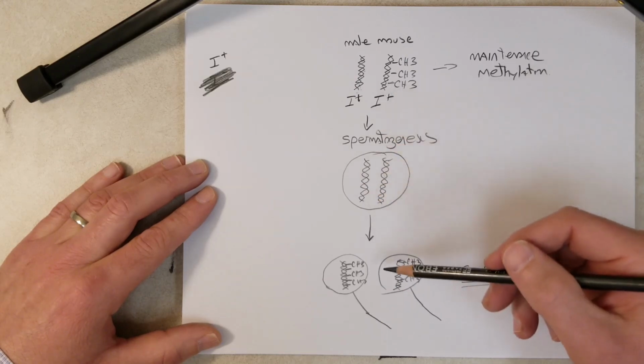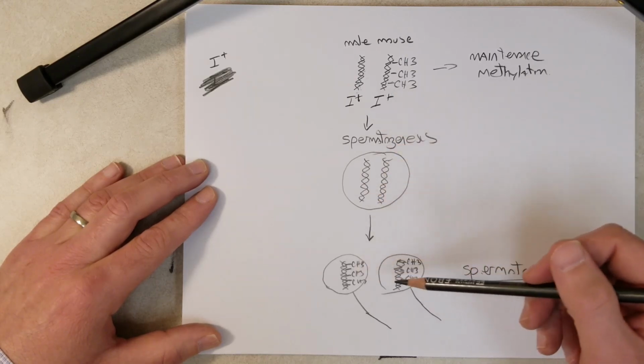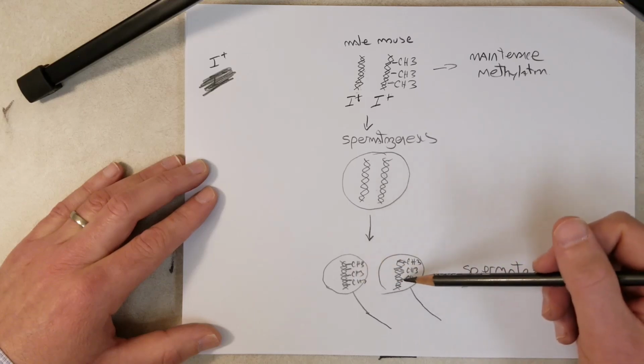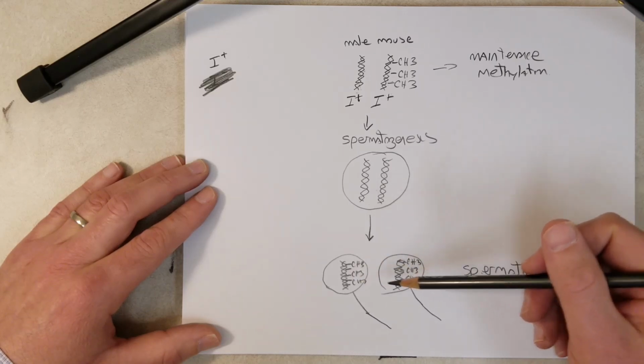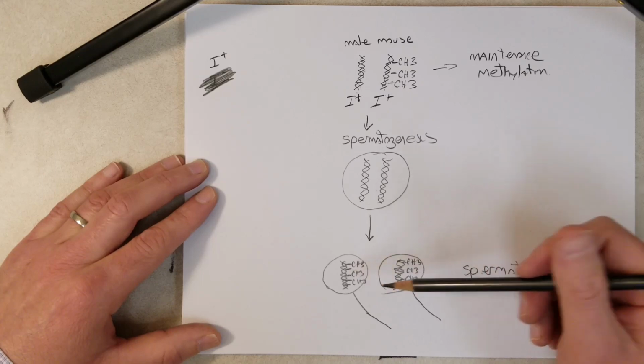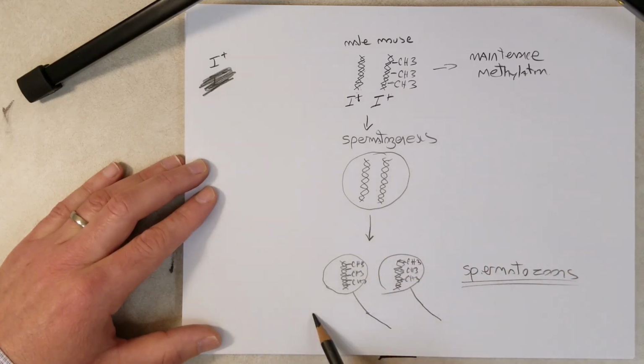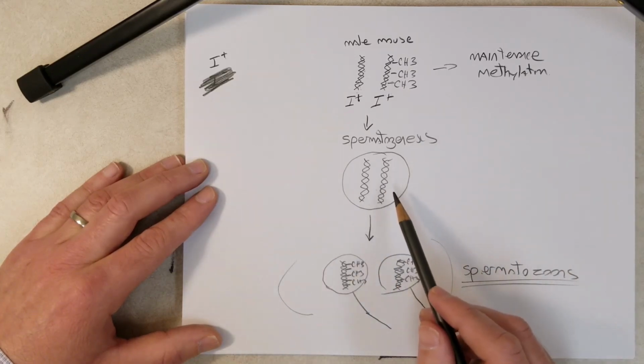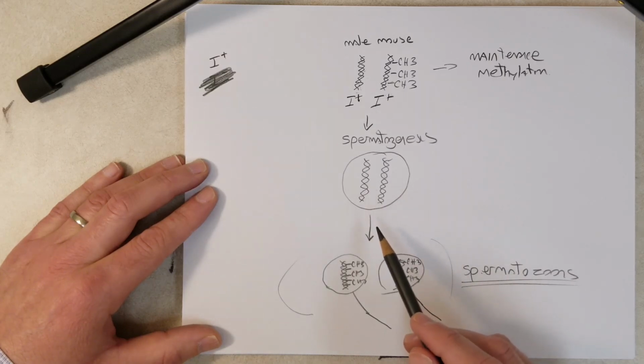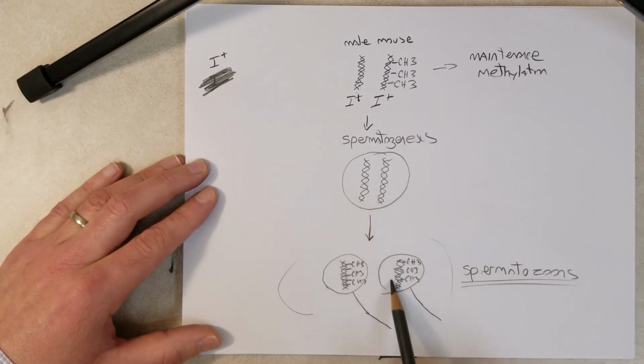And then as it's going through meiosis, they become methylated again. Both alleles become methylated. Well, one becomes methylated again, and the other becomes methylated for the first time, right? So at the end, I can't even use paternal anymore, because for the next zygote, both of them are going to be considered paternal. So let's just say at the end of meiosis, all the I plus alleles are methylated.